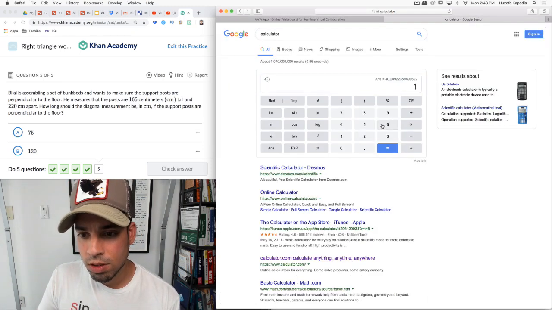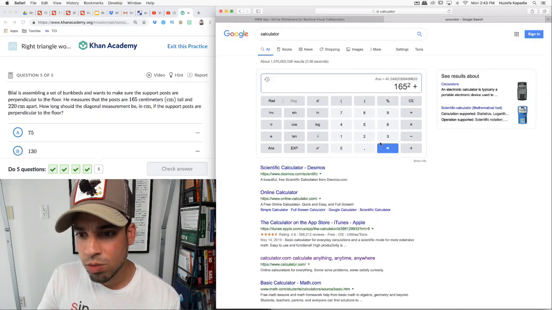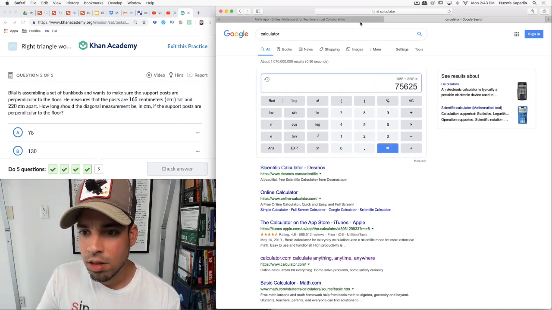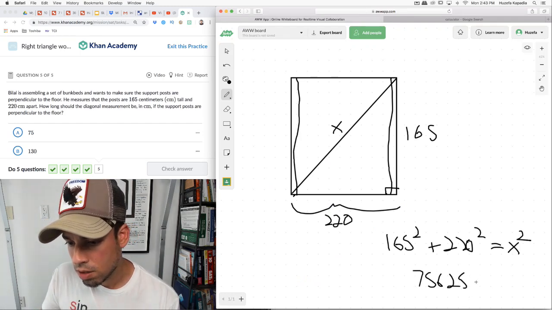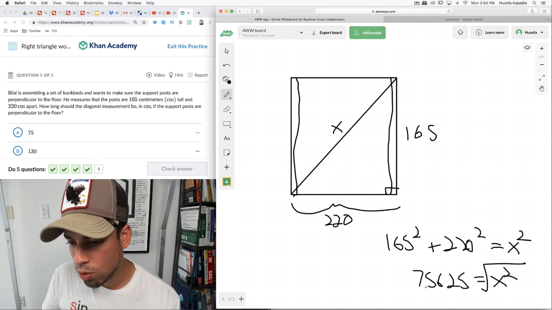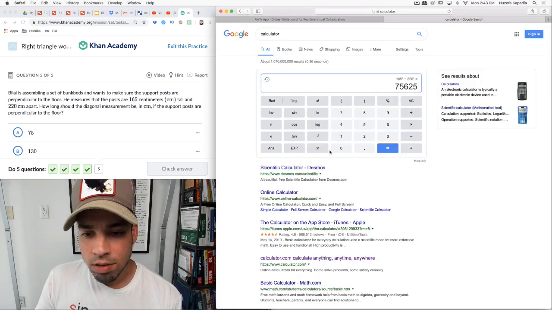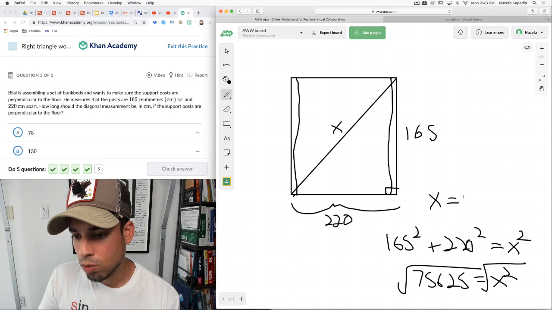We got 165 squared plus 220 squared equals that, 75625. And then we take the square root of both sides because we want just x, not x squared. 275. Nice round, perfect number. X equals 275. Boom.